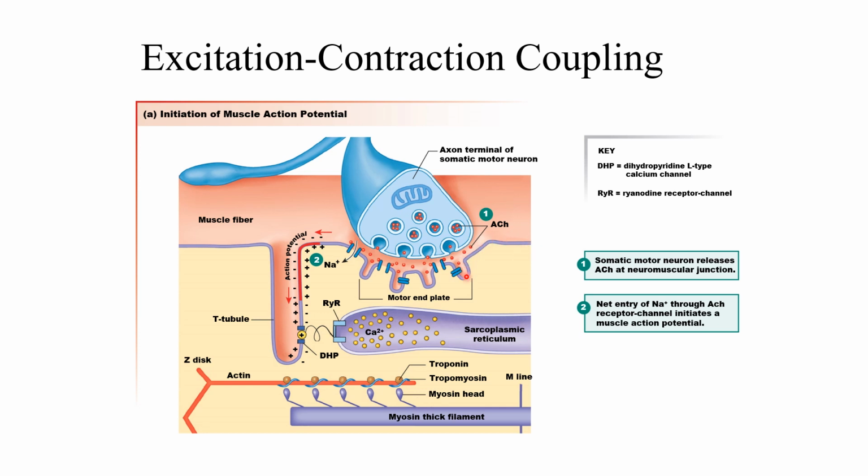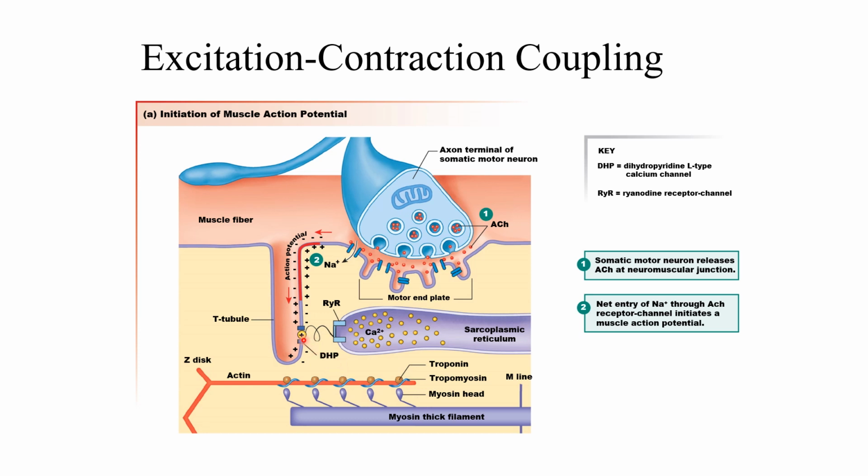On the surface of our muscle fiber, we have our sarcolemma, and you can see that the sarcolemma starts to dip inwards, creating those T tubules. On the surface of the T tubules, we have receptor channels known as dihydropyridine, or DHP for short.